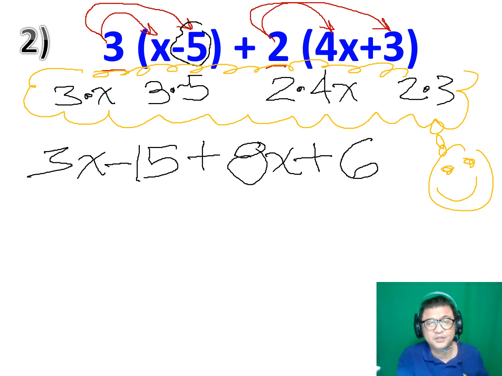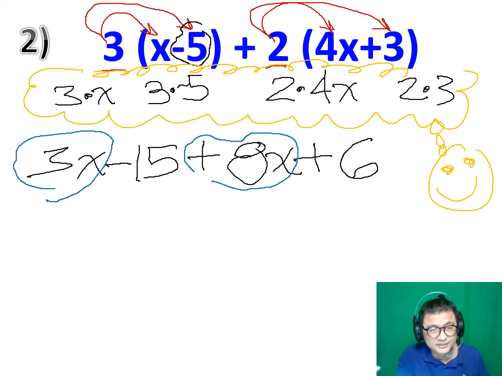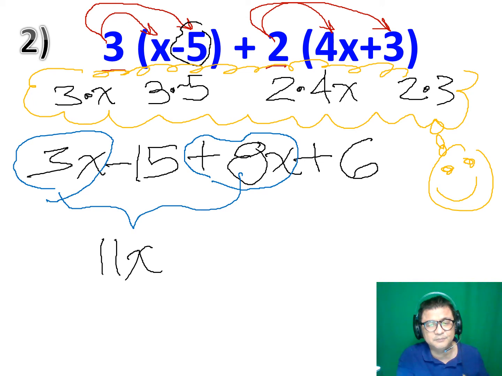Why? Because if you look at this, there are like terms. See, I circle them, including the sign. So 8 and 3 becomes what? 8, 9, 10, 11x. What happens to these two numbers? Okay, I put a square for positive 6.